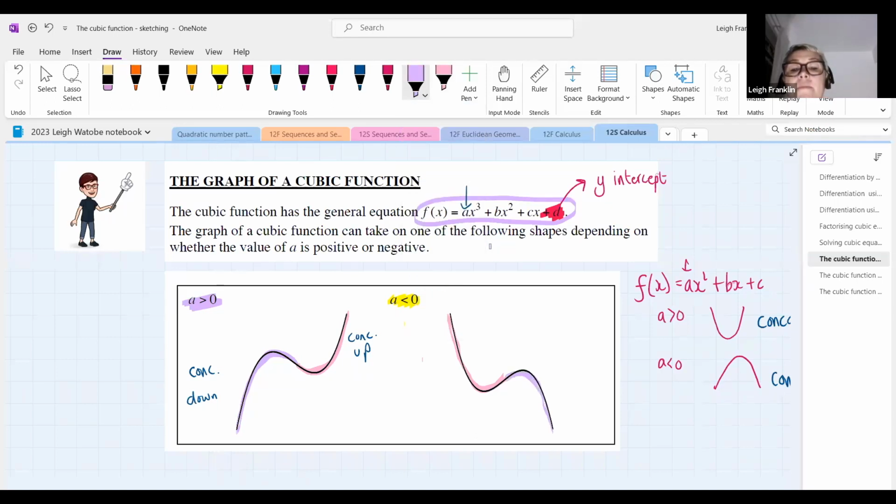That will be the same for all cubic functions. So the sign of A is very important in helping us determine the shape of our cubic function.